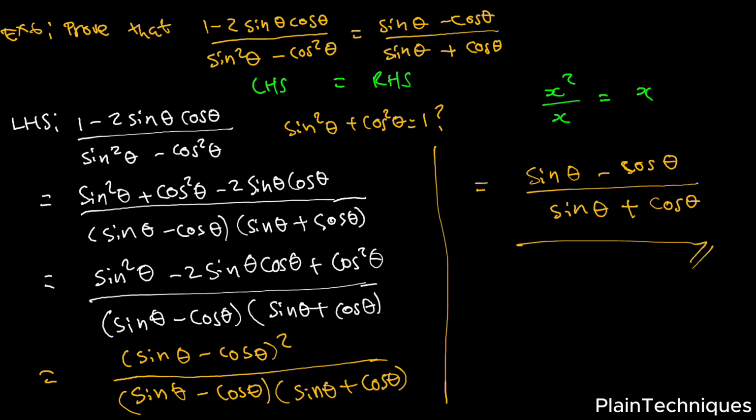So this will be my simplified answer. Now the big question: is this answer on the left hand side the same as the one on the right hand side? Yes, they are the same, right? That means you managed to answer your question.